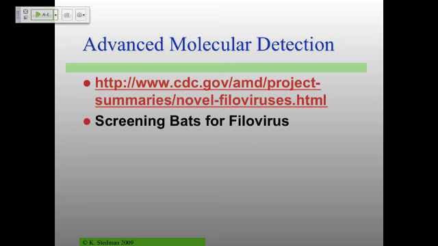And the way they're doing that is just collecting the bats, sequencing everything they can find in them, bat DNA, virus RNA, etc. And hopefully in that process, figuring out where some of these things have come from and what the diversity is in terms of the sequences. So that's what's happening there right now.